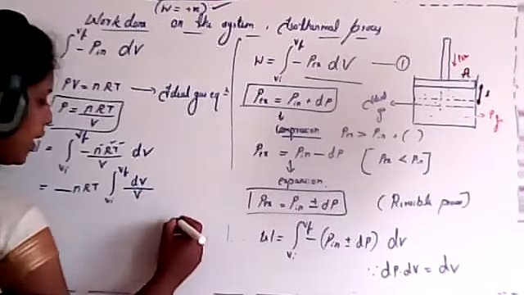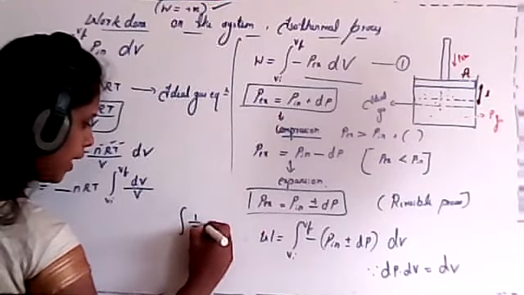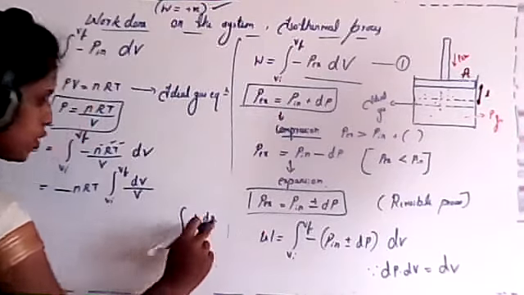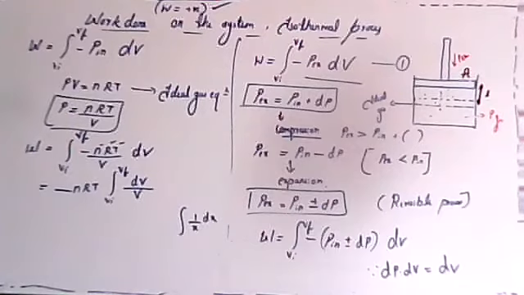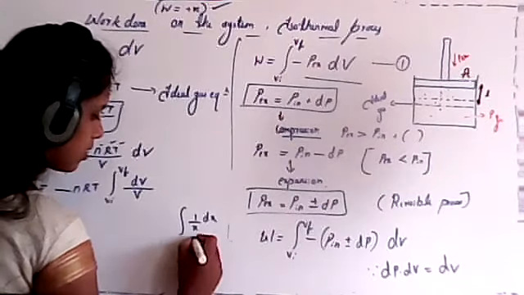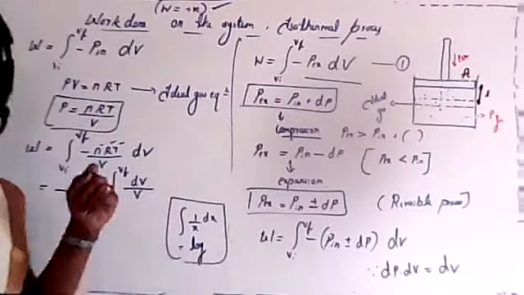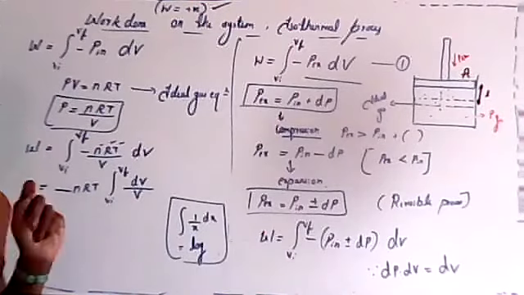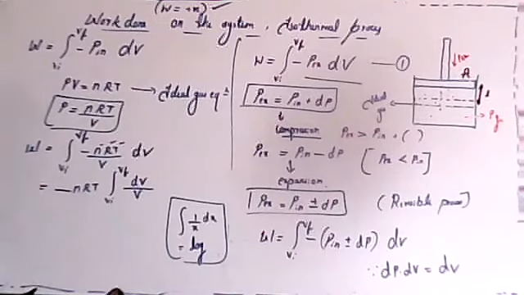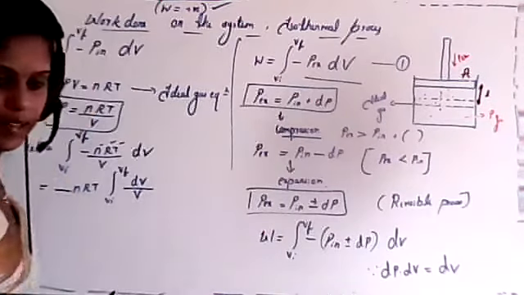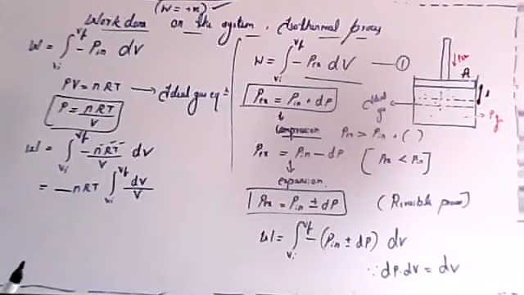Now, what is the integration of 1 by x dx, student? It is log x, isn't it? It is not a common logarithm. You have to consider the natural log, that means ln. Clear? We consider ln in this case, to the base e.